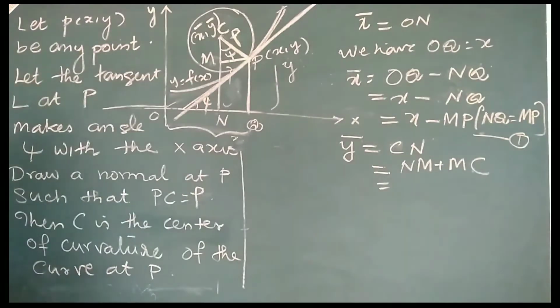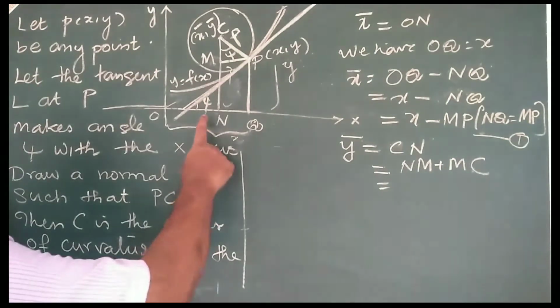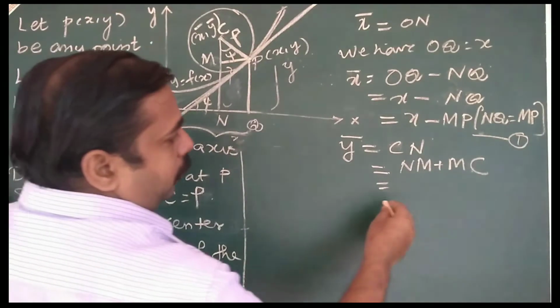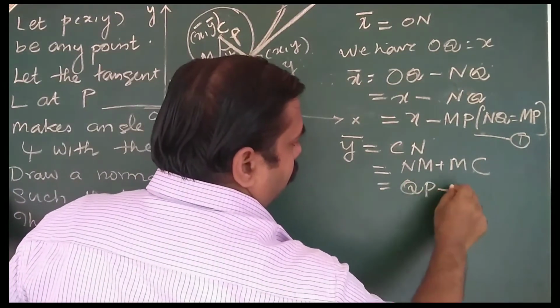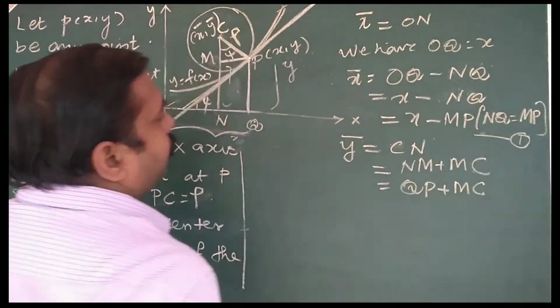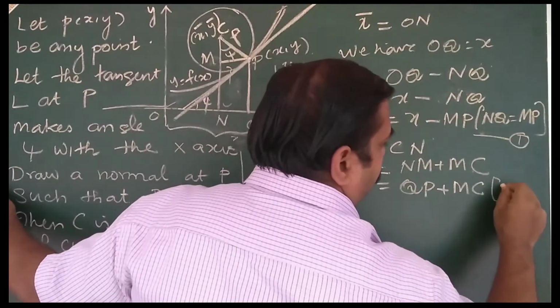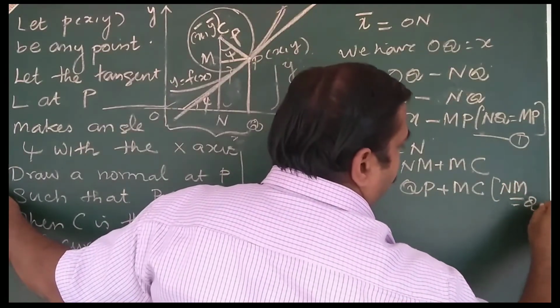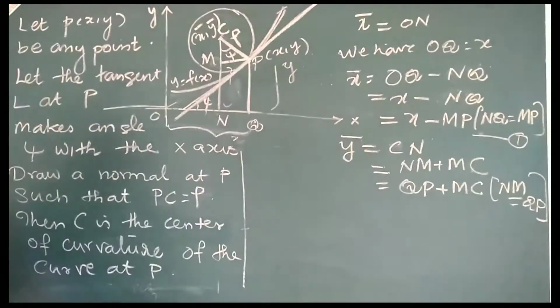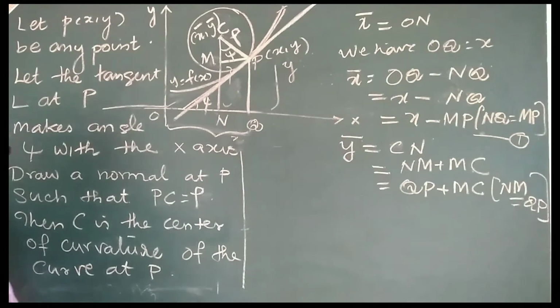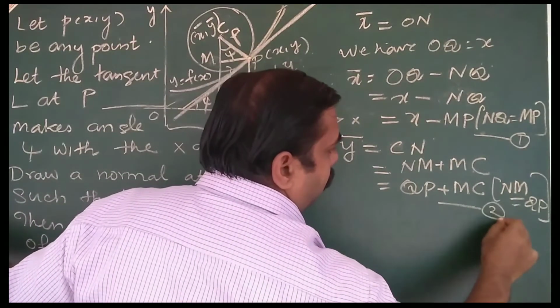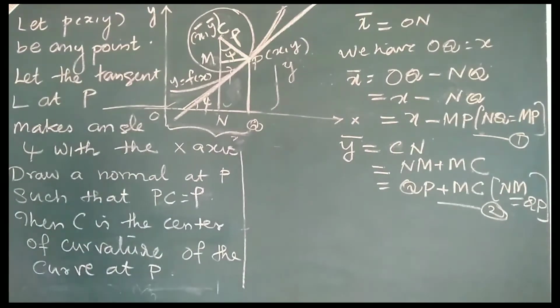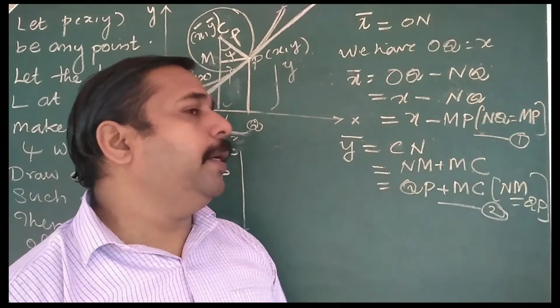But NM is equal to QP. So this is equation number 2. So these are two equations. Our idea is to find the value of MP and MC.